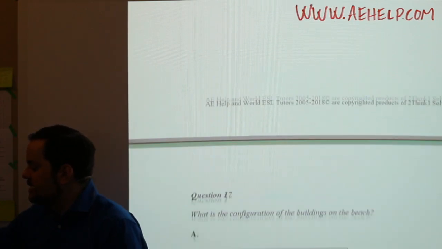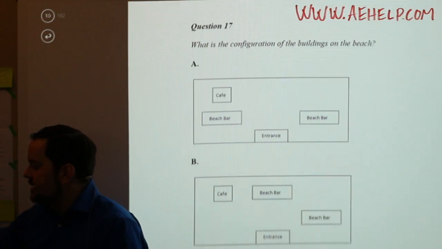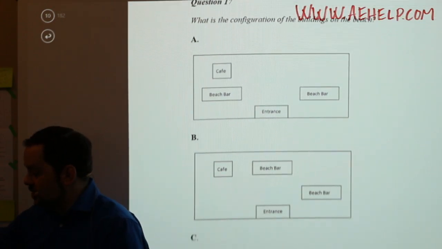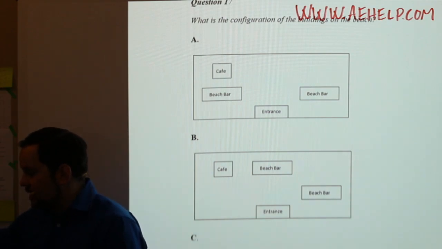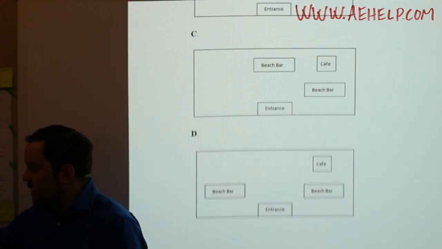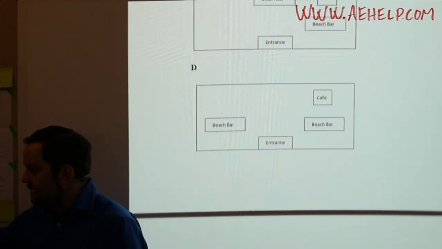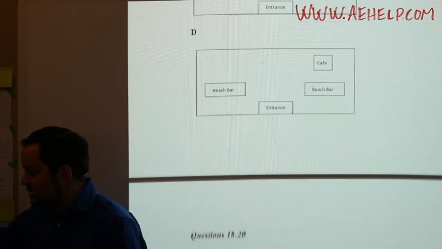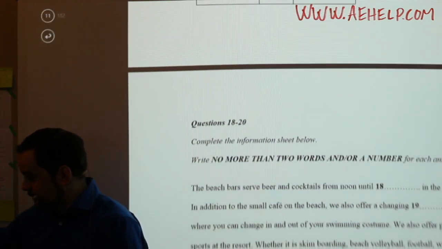That's question 16. Question 17 is a diagram question. It's definitely demanding your visualization skills, your spatial organization skills. So here we have a diagram of a cafe, beach bar, entrance, and so on.